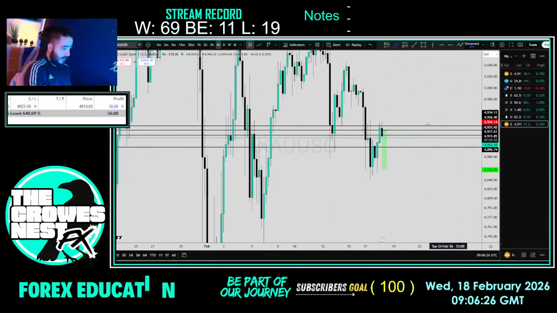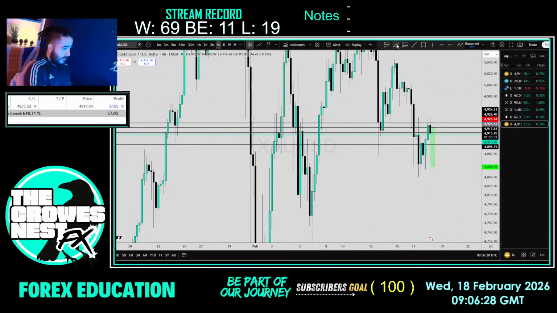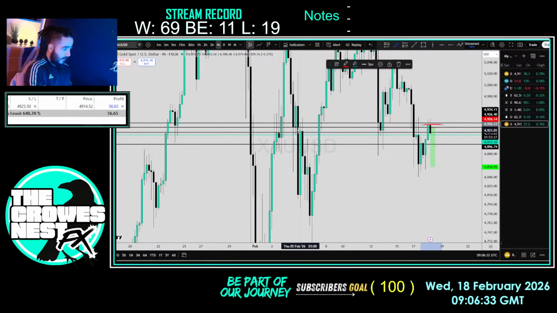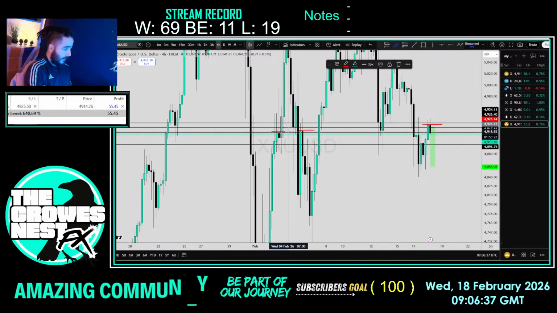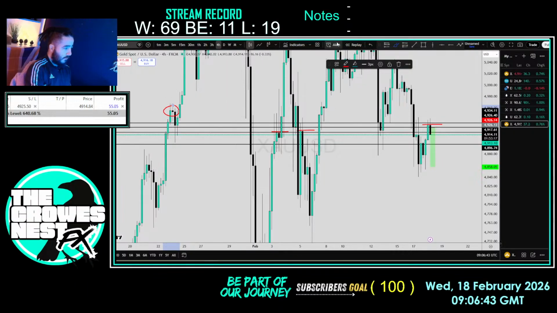So if we identify the only times the 4's closed bullish here, is here, probably here. It doesn't have to be thereabouts, right? I don't think I would put this one in. So we've only got these 2 areas to go off. This one and this one.